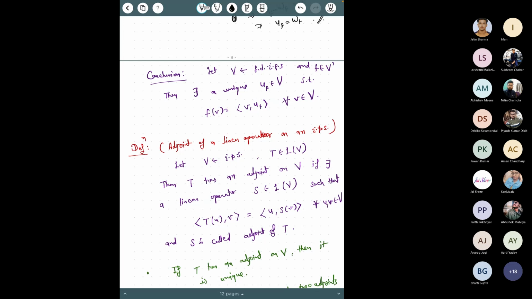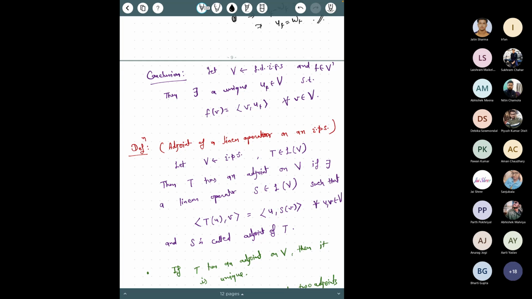Okay, so existence of the adjoint is certain on a finite dimensional inner product space, but it is not true in general for an infinite dimensional inner product space. We need further conditions on the infinite dimensional inner product space. This will become clear when we prove the finite dimension case.